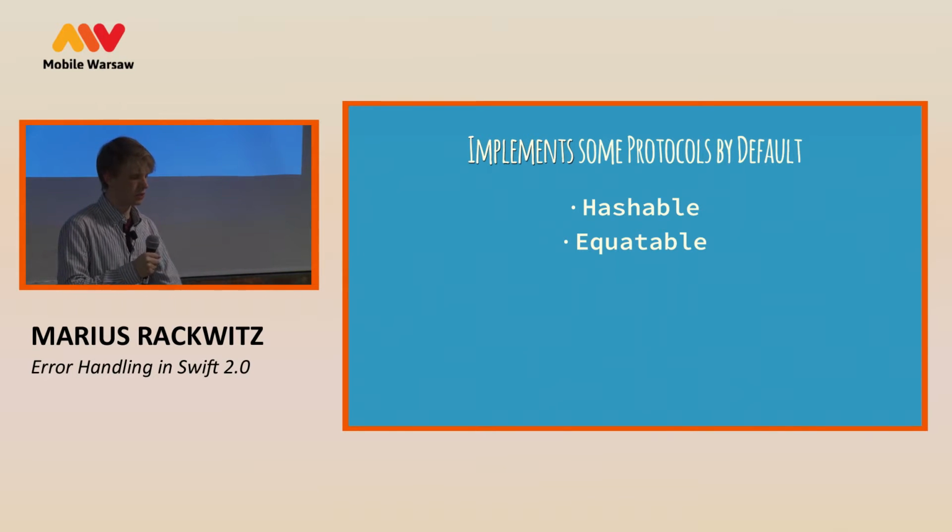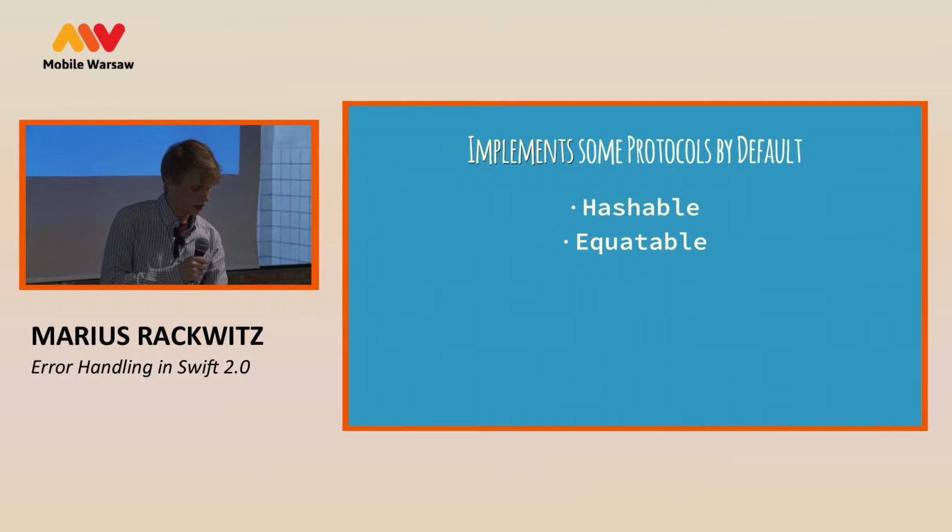And that's really easy to achieve when you're raw representable and your value is backed by a simple code. So yeah, that's needed to be able to compare errors and bridge them in an Objective-C world and interact with them properly.